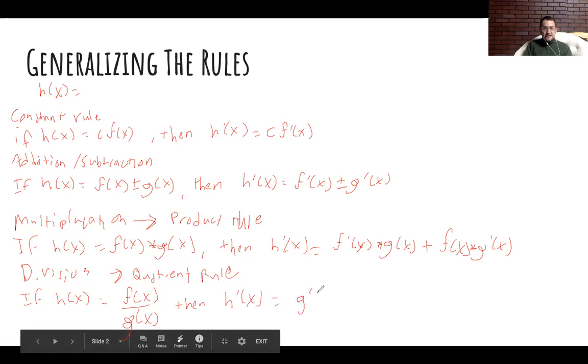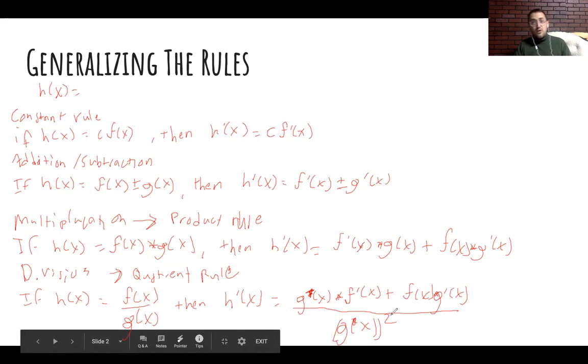So it would be g of x times f prime of x minus f of x times g prime of x, over g of x squared.